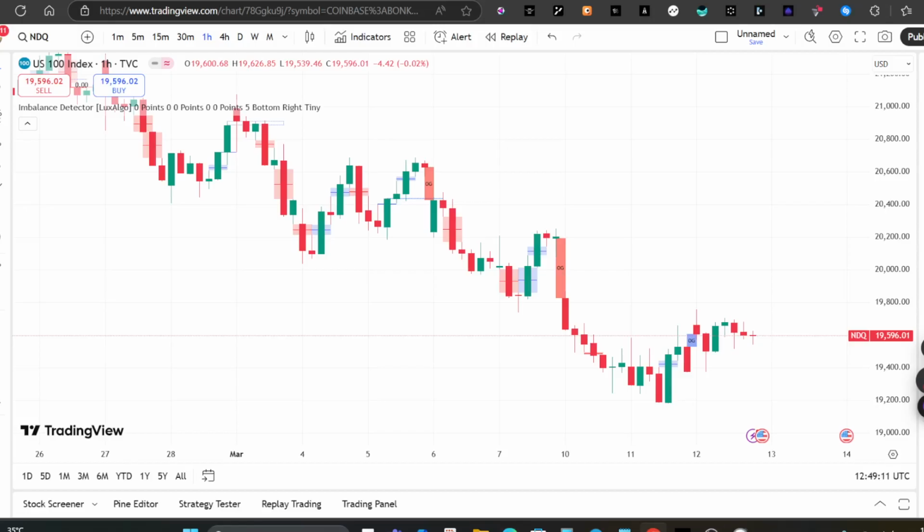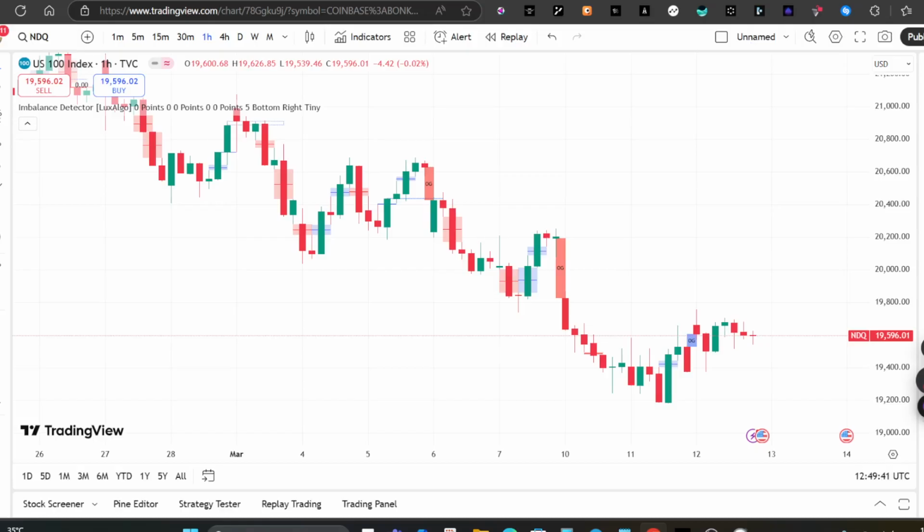So this creates an imbalance where price moves aggressively in one direction before returning to fill those gaps. These areas become key levels that can offer high probability trade setups. This concept applies to Forex, stocks, and even crypto, making it a powerful addition to any trader's toolkit.